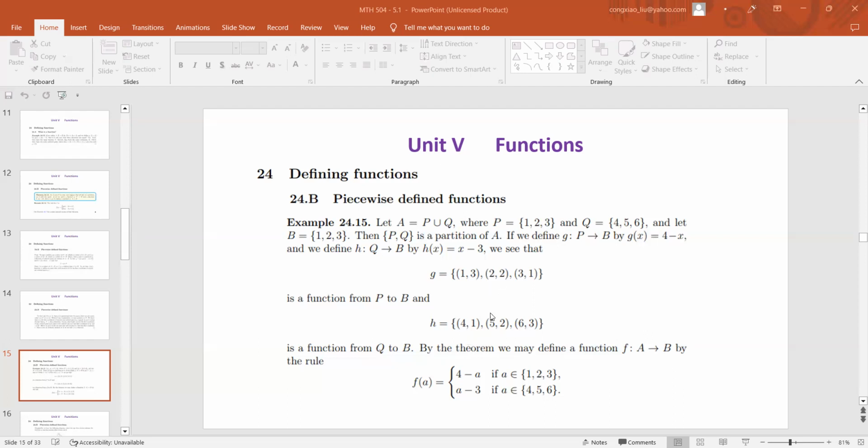So by using the theorem, we can combine G and H, or take the union of G and H as all the pairs to define a piecewise defined function.